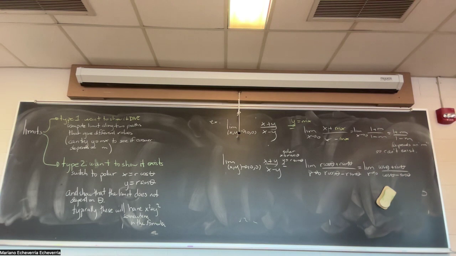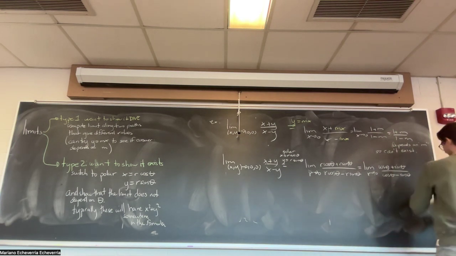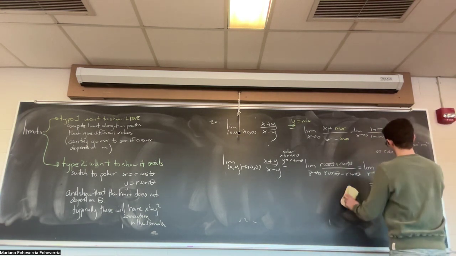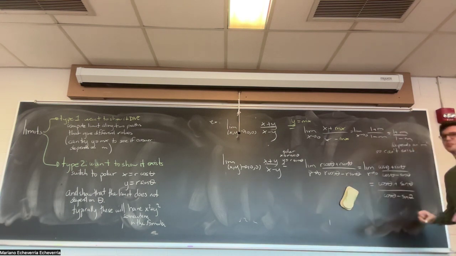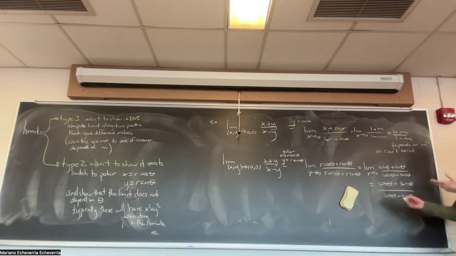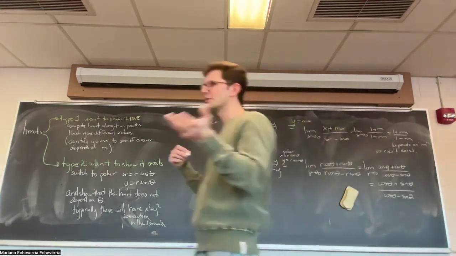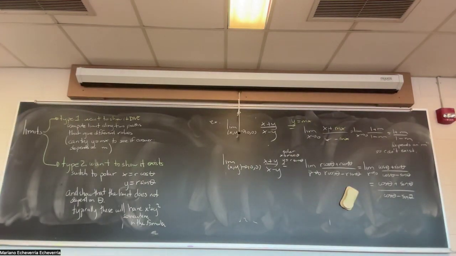Right? So there's no more r, so the limit just gives you that. But what's the issue here? The issue is that theta could be anything. Theta, if you think about it as an angle, can be any number, an angle between 0 and 2 pi. So this will depend on the particular values that you give to theta.